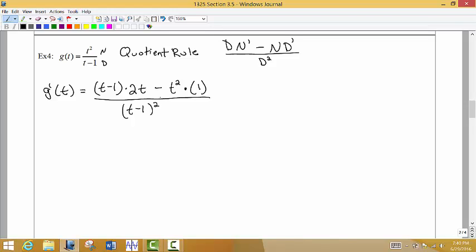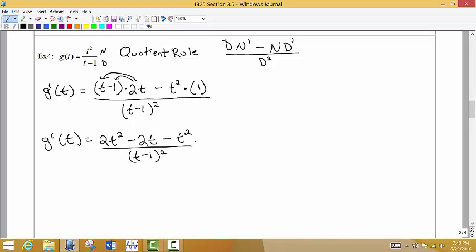Now, I'm going to simplify here because taking the second derivative is going to be a lot easier if I simplify the first derivative. So I'm going to just simplify a little bit. I'm going to multiply in the 2t, so that gives me 2t squared. Then times a minus 1, it gets minus 2t. And then t squared times 1 is just t squared, so that's minus t squared, all over t minus 1 squared.